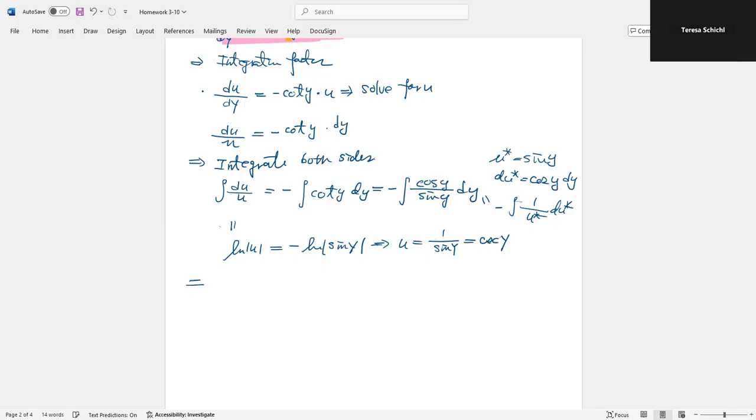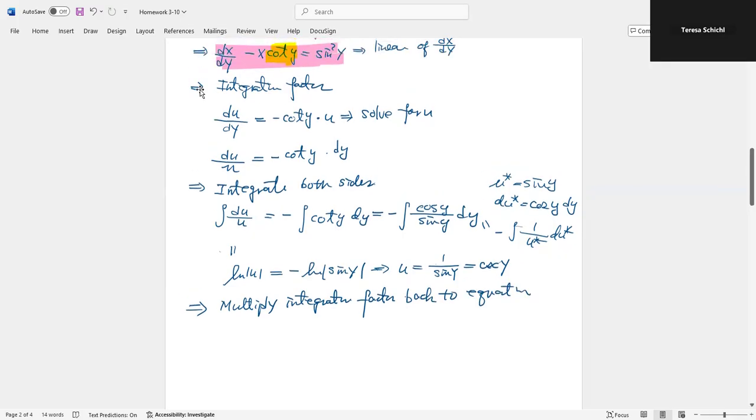Okay, now what I need to do is multiply the integration factor back to the equation. That's the equation I highlighted in pink here.